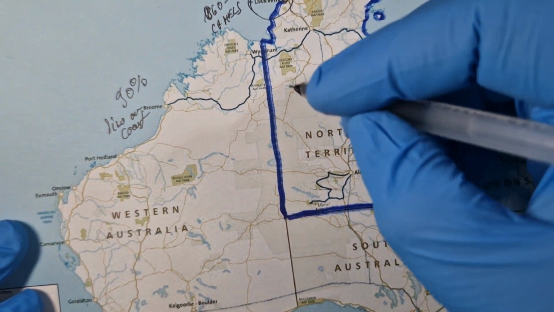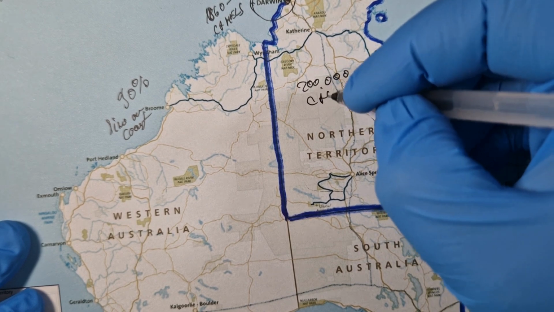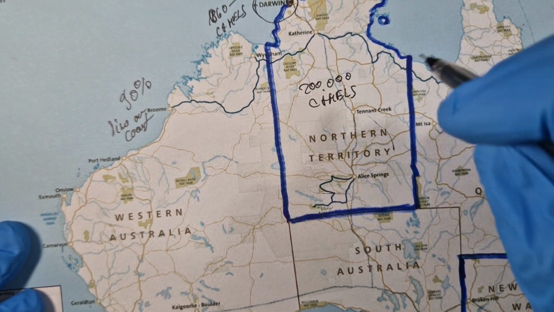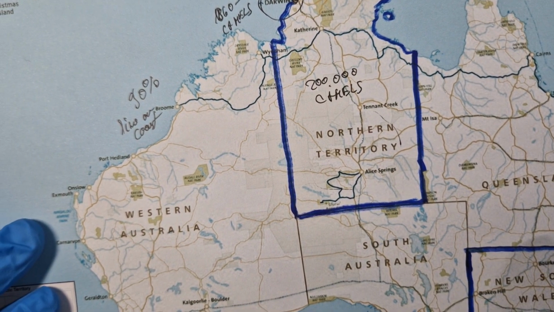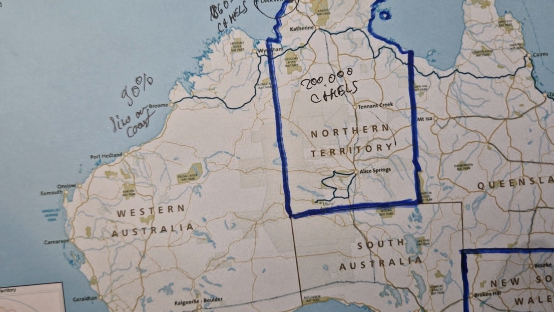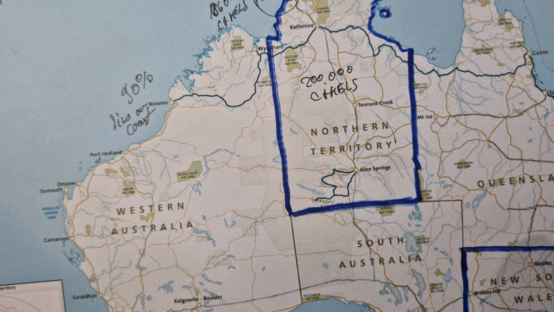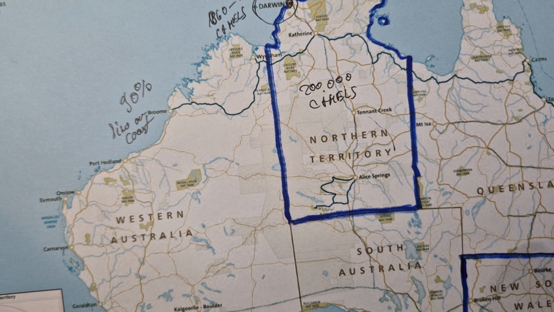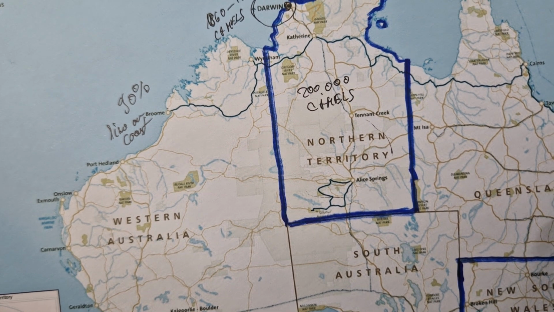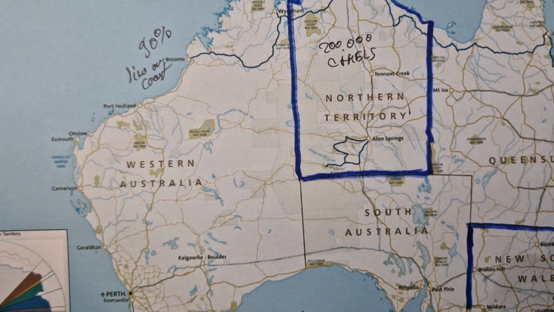And today around 200,000 camels roam the Northern Territory, and there are so many that Australia is exporting one-hump camels to the Arabian lands.